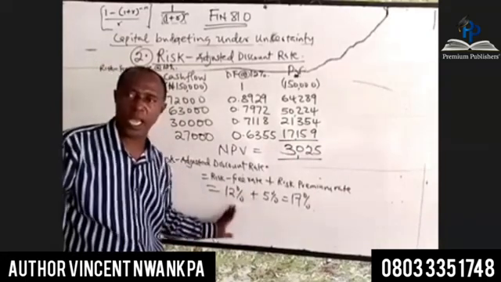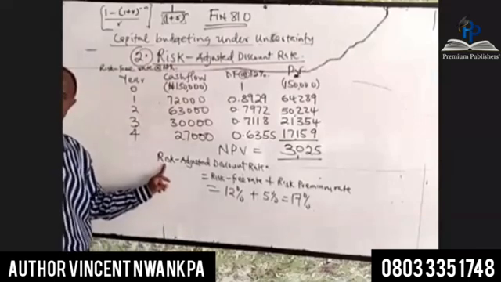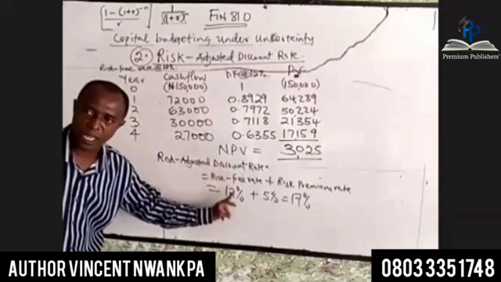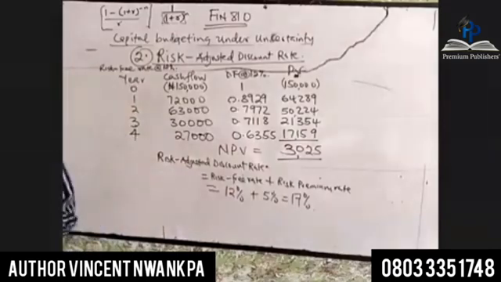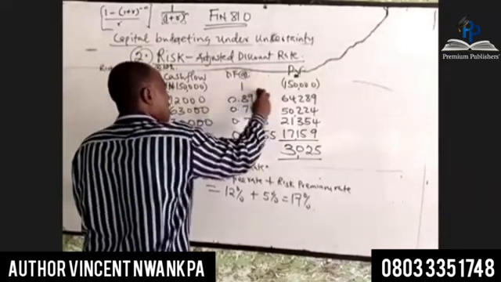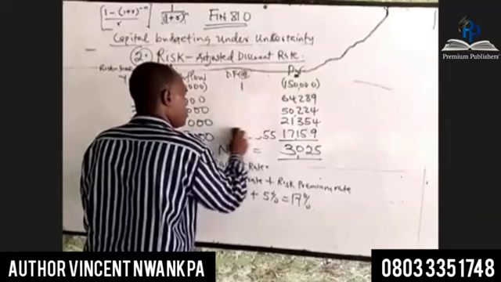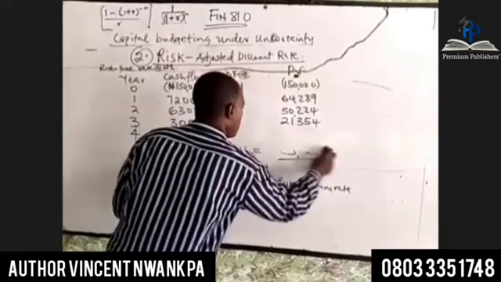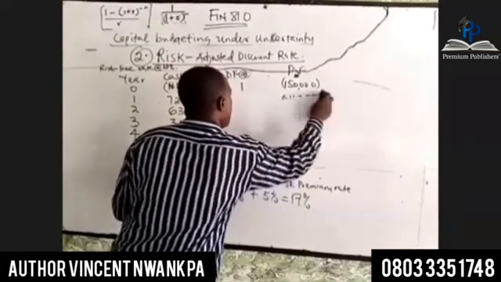When you add the two together, it is known as the risk adjusted discount rate, which is the new rate we're going to use to find out whether the project is good for us to invest in. Now we do this all over again with 17% and no more 12%. We just change the figures in all these places.